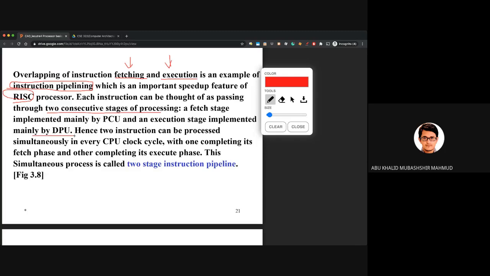Hence, two instructions can be processed simultaneously in every CPU clock cycle, with one completing its fetch phase and the other completing its execute phase. This simultaneous process is called a two-stage instruction pipeline. So if we have two stages, it is called the two-stage instruction pipeline. We will see more stages of instruction pipeline later on.